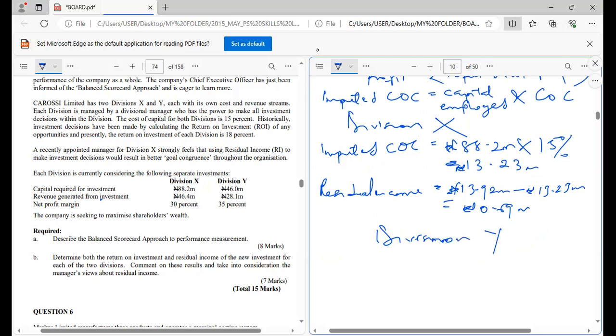What about for division Y? Our imputed cost of capital will be 46 million times 15%. What does that give us? 6.9 million.